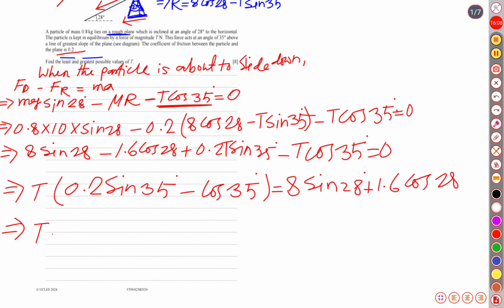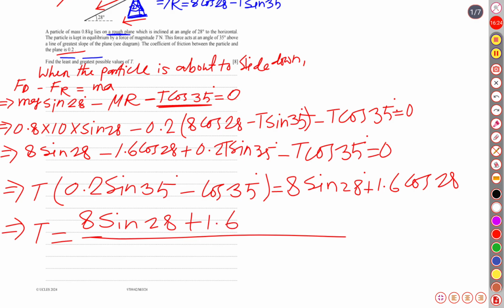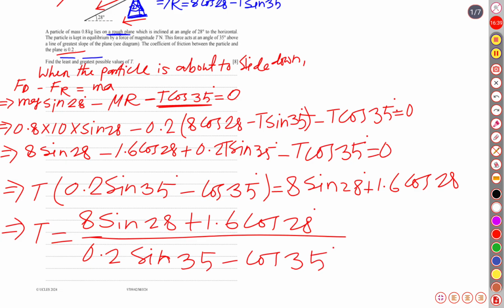T is equal to, the numerator is 8 sine 28 plus 1.6 cos 28 degree over 0.2 sine 35 minus cos 35 degree. Okay, let me calculate this using my calculator.